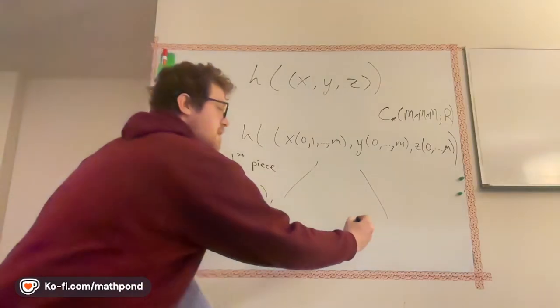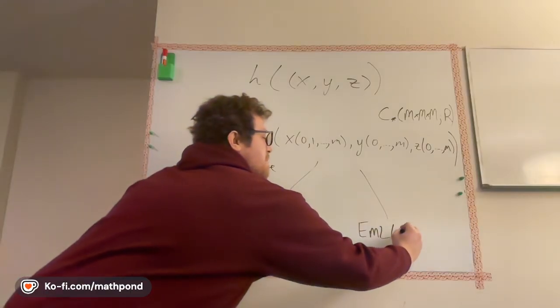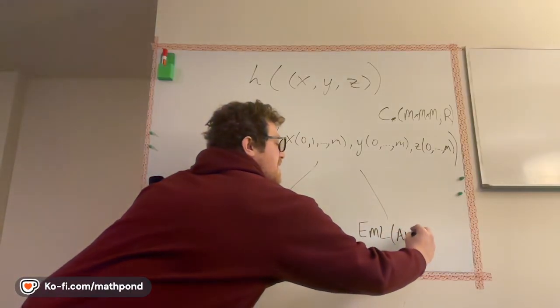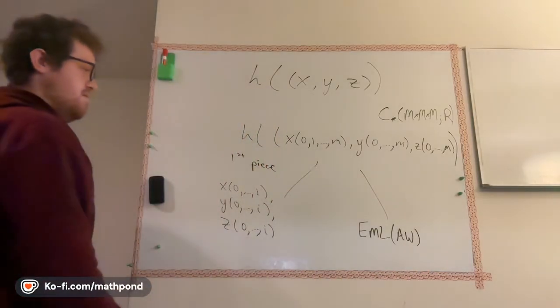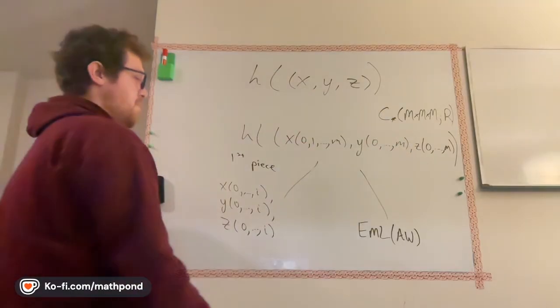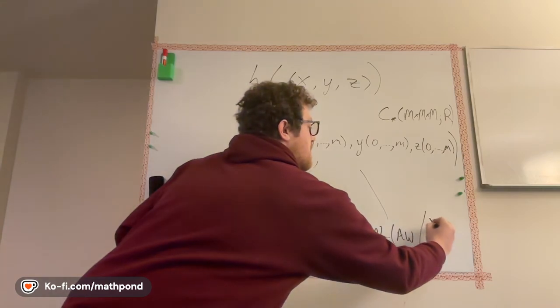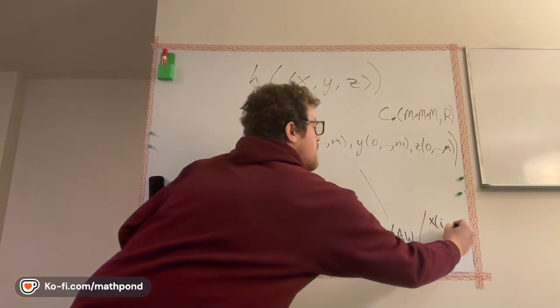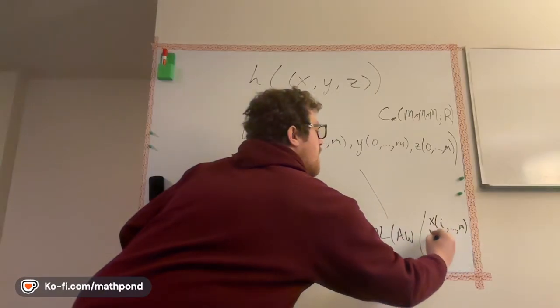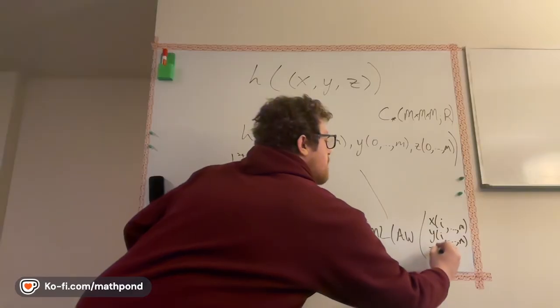So it's going to be the Eilenberg-MacLane map of the Alexander-Whitney map of x from I to m, y from I to m, and z from I to m.